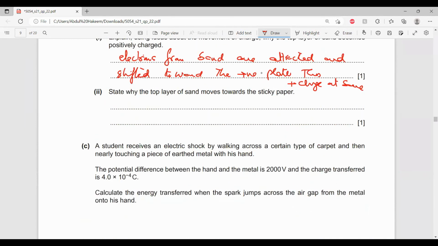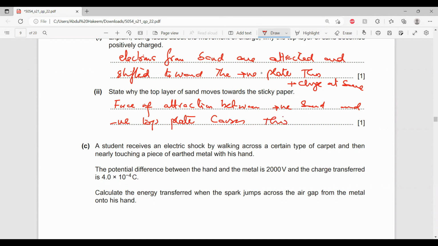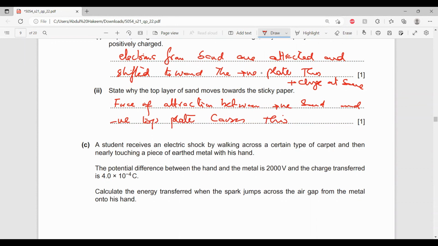So we will write here: force of attraction between positive sand and negative top plate. There is a force of attraction between the positive sand and the negative top plate, so they are attracted.